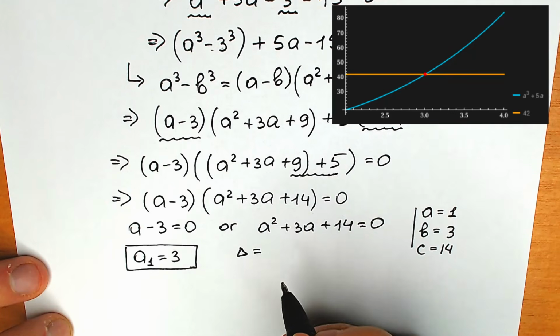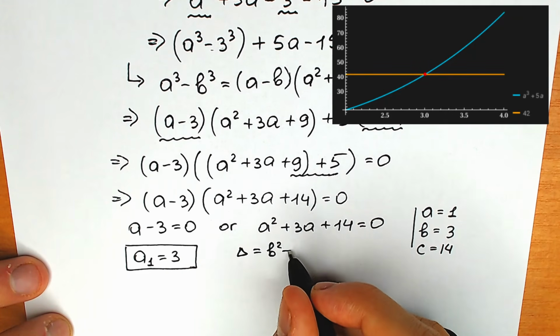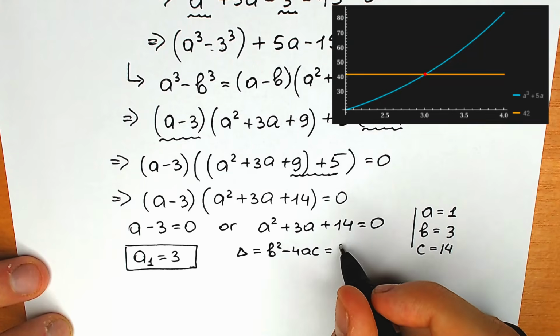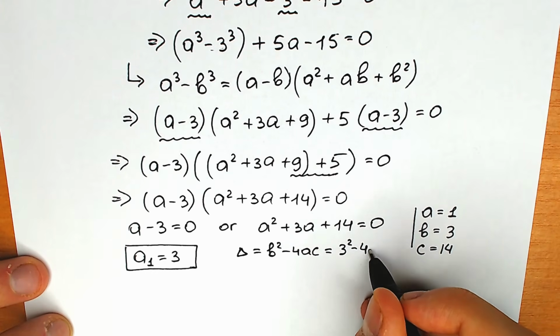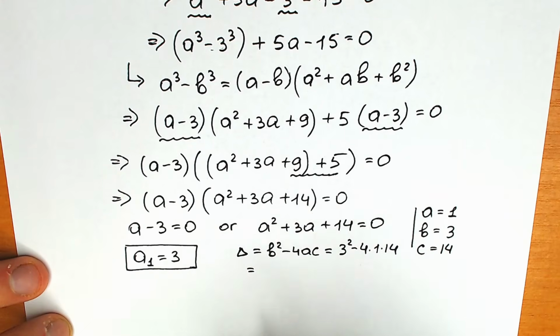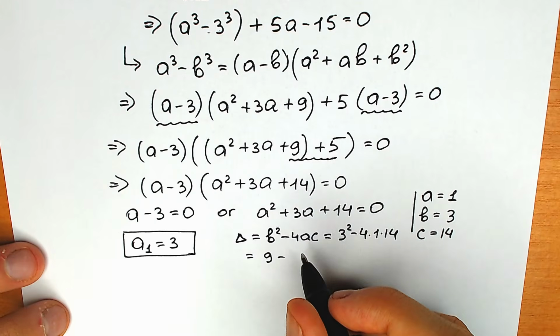Discriminant equal to b squared minus 4ac, equal to 3 squared minus 4 times 1 times 14. So our discriminant is equal to 9 minus 4 times 14, equal to minus 47.